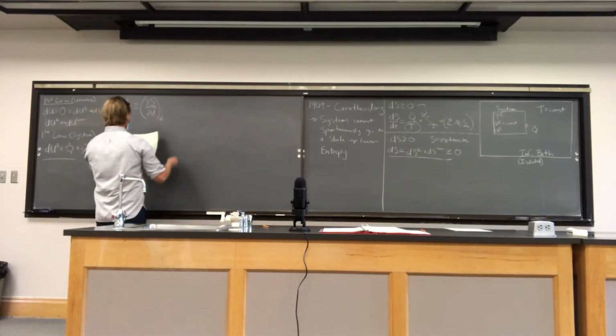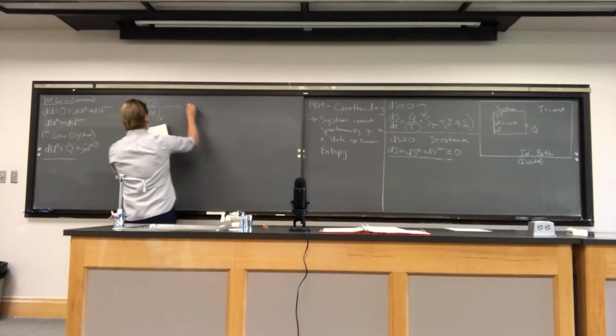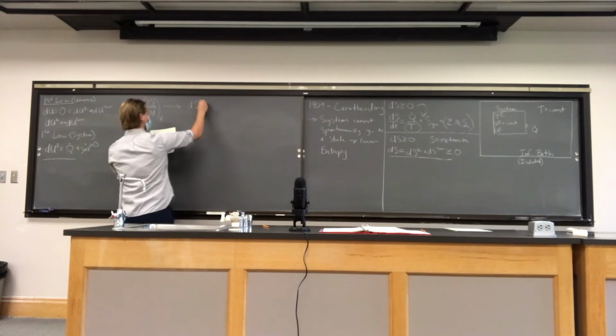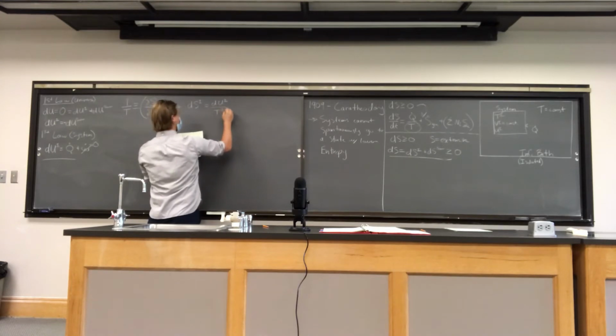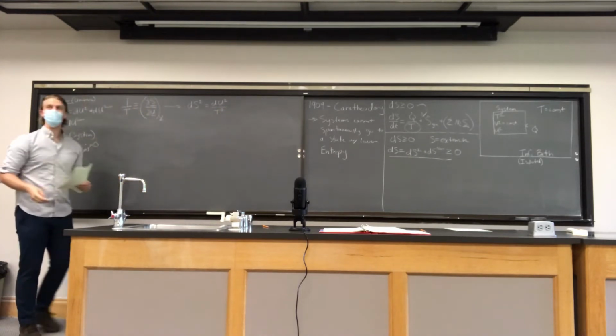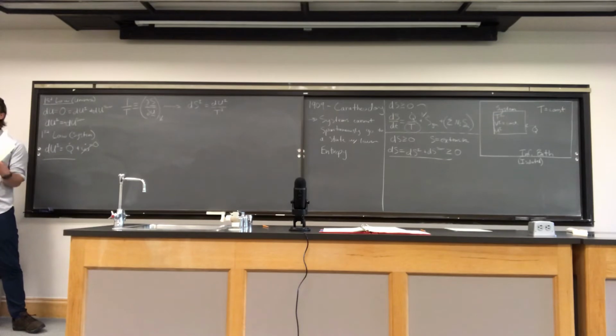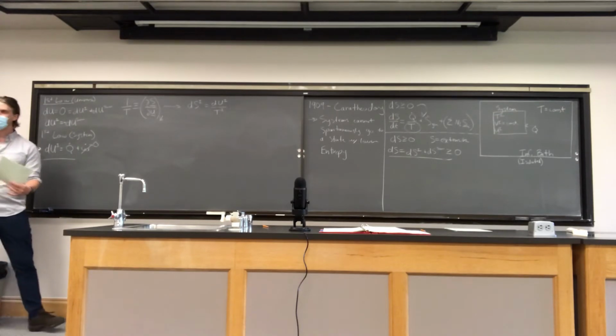So if we rearrange this, we can see that the rate of change of the entropy of the system, right? We just rearrange the definition of the temperature of the system.